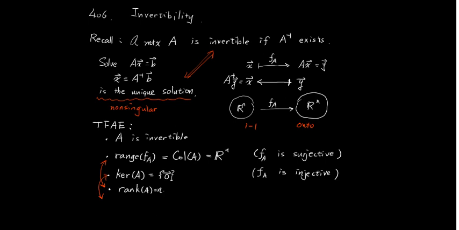And the opposite of the rank is the nullity, the dimension of the kernel, and it is supposed to be equal to 0. So all these things are the same, and they all mean that A is invertible.